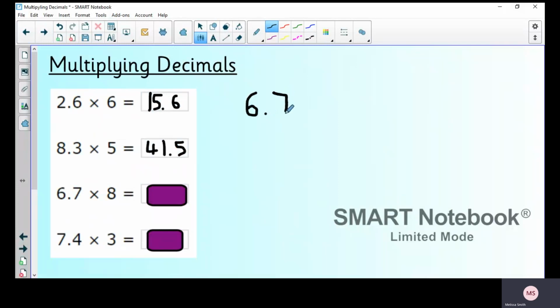I've got 6.7 and I'm multiplying it by 8. I can partition this into 6 times 8. What's 6 times 8? 48.